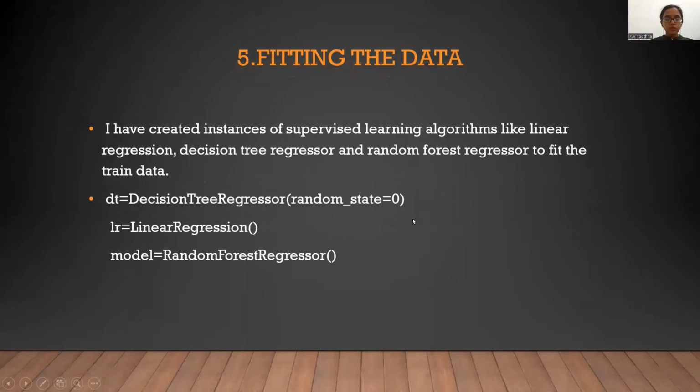Now we have split the data set into training and testing set. Now we have to fit the data. For this, as I was asked to use supervised learning algorithms, I have created the instances for linear regression, decision tree regression, and random forest regression. And I will be using the fit method to train on the training data. Then I will be predicting the closing price values of test data.